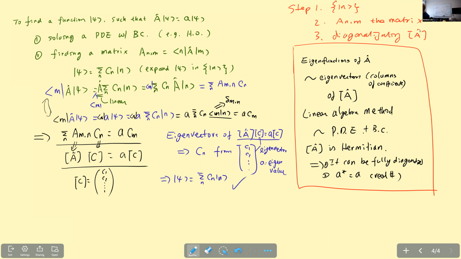So you get the eigenvectors, and then you get the eigenstates. So that's another result we obtained.